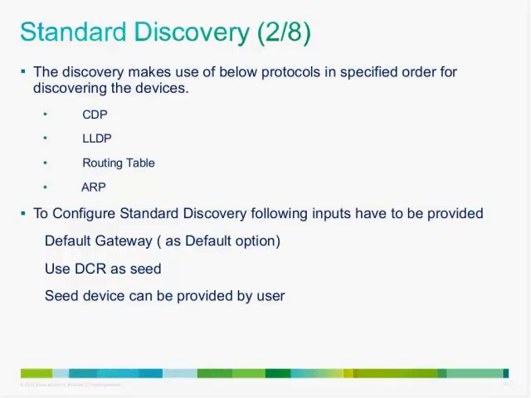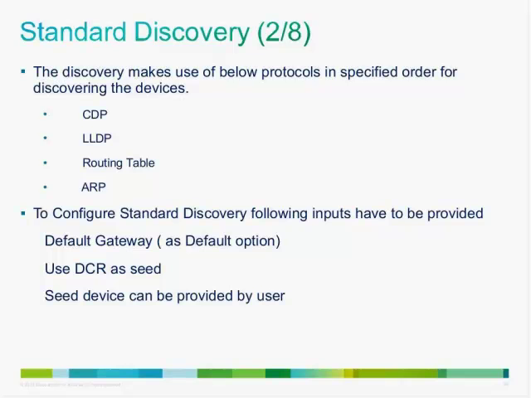The discovery makes use of the below protocols in the specified order for discovering the devices: CDP, LLDP, routing table, and ARP. To configure standard discovery, we have to provide a default gateway. That is the first device we need, the default gateway of the server.